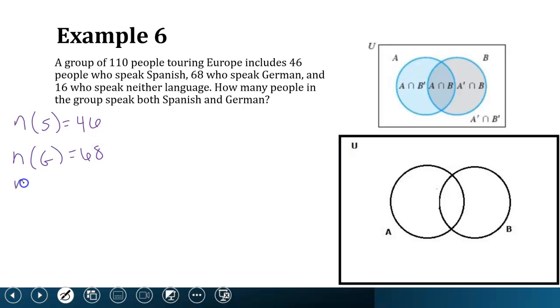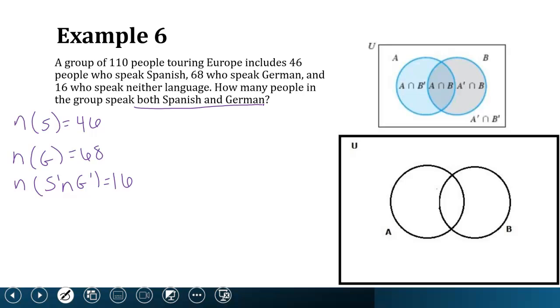And the number of people who speak neither Spanish nor German is 16. And then how many people in the group speak both Spanish and German? So that's what we're looking for. We are looking for the middle number.